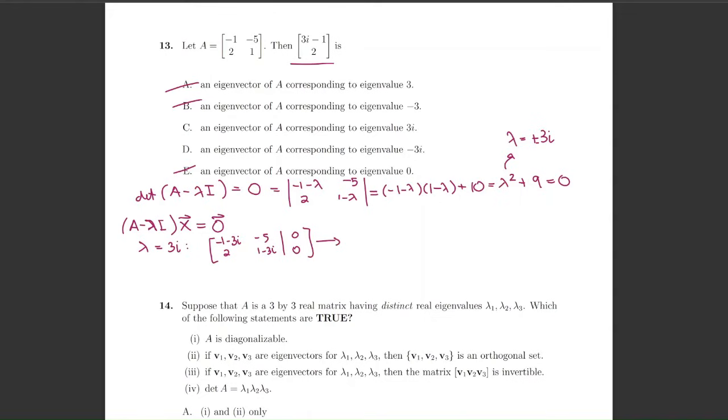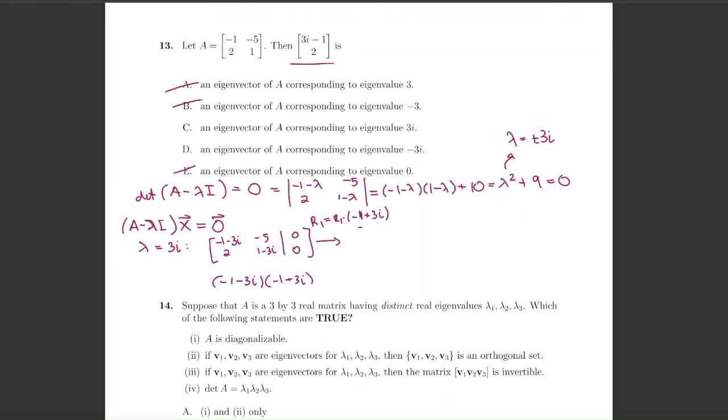So you can do row 1 equals row 1 times -1 plus 3i. Okay, so what does that give you?